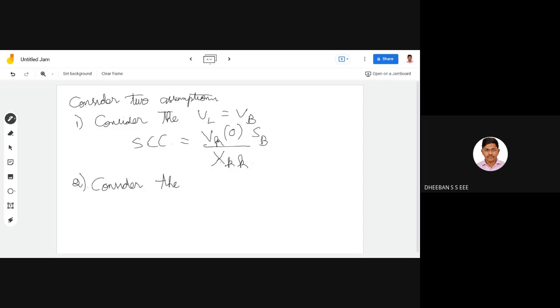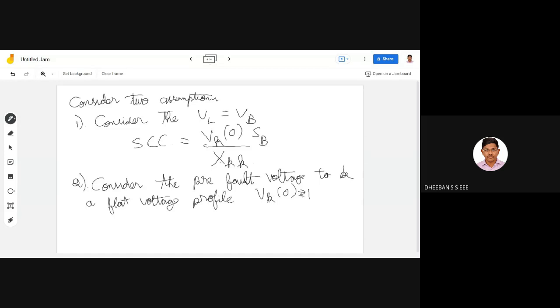Consider the pre-fault voltage to be a flat voltage profile. If it is a flat voltage profile, in the sense you will be getting V_K of 0 to be 1.